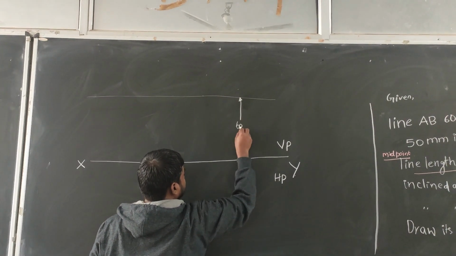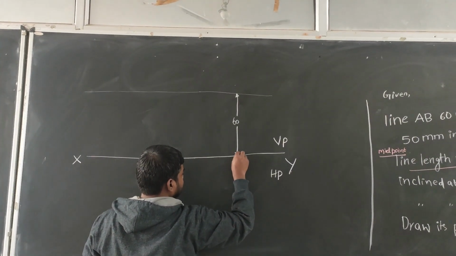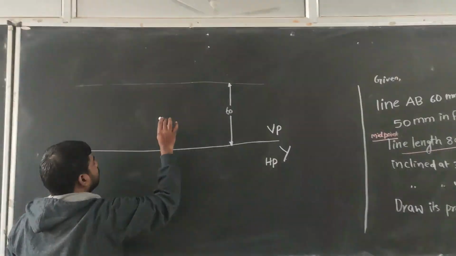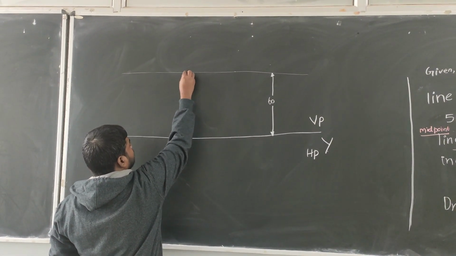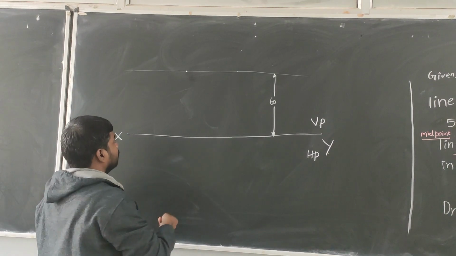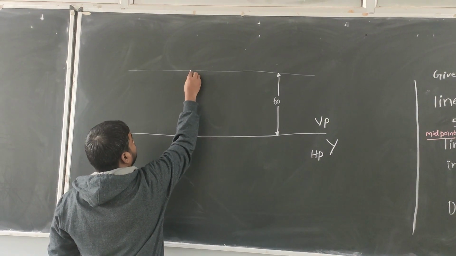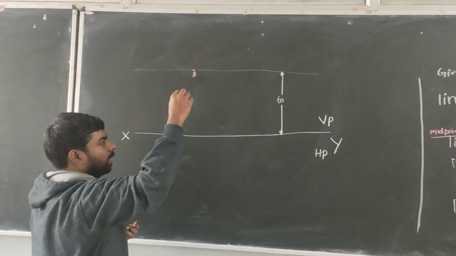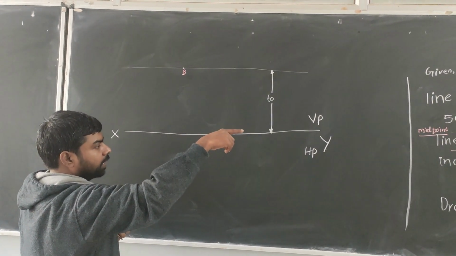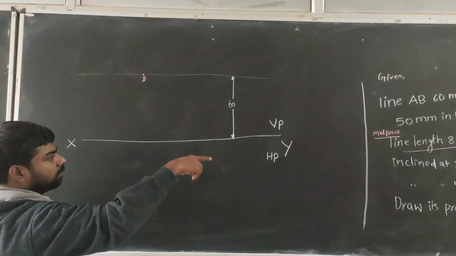Close the arrowhead. Okay. So on the line somewhere you put one small point. It's the midpoint. So what I am going to do is put this one as B, because originally the line AB is 60 mm above. Then the midpoint is okay.